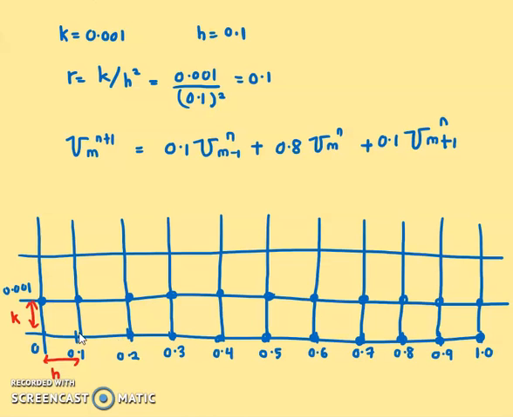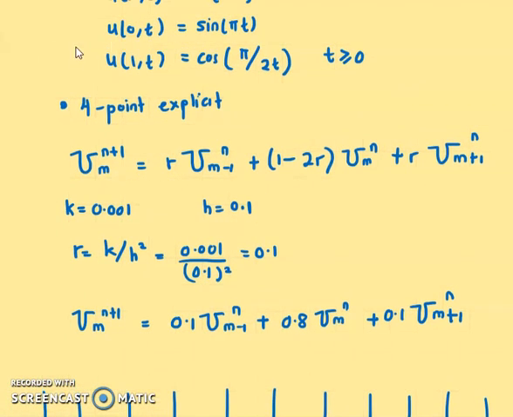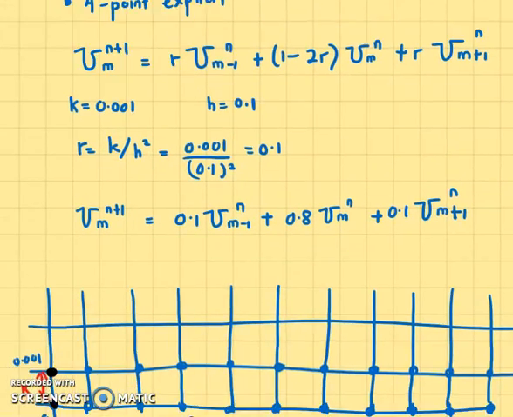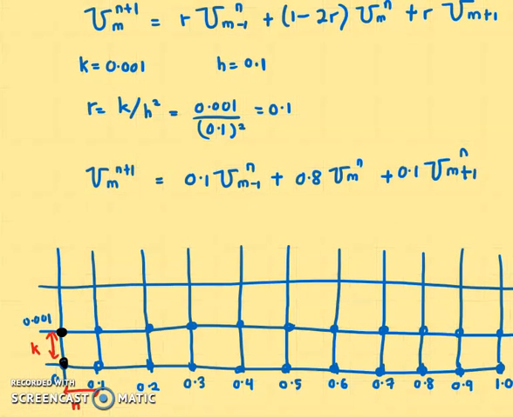Now I told you these two values here you can obtain from the boundary condition. If you look at the boundary condition, when x is 0, what's the value of u?